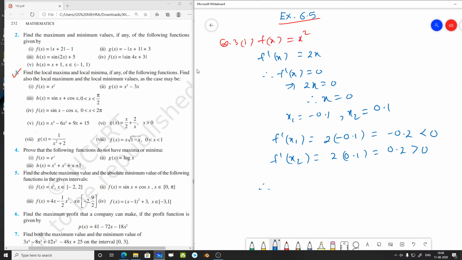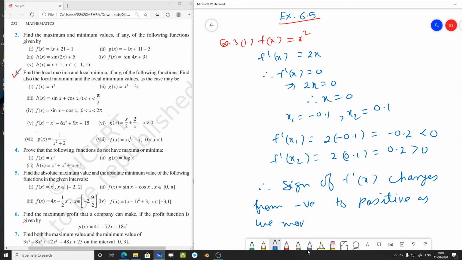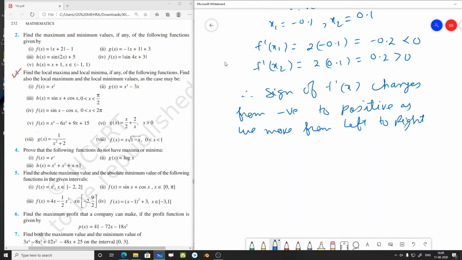Therefore, the sign of f dash x changes from negative to positive as we move from left to right of x equal to 0.